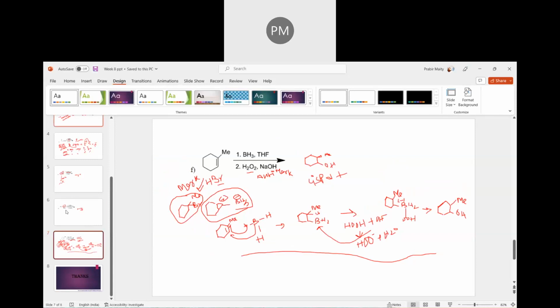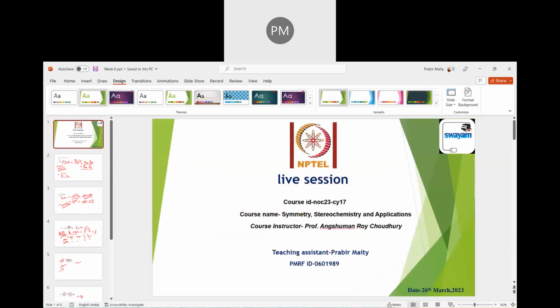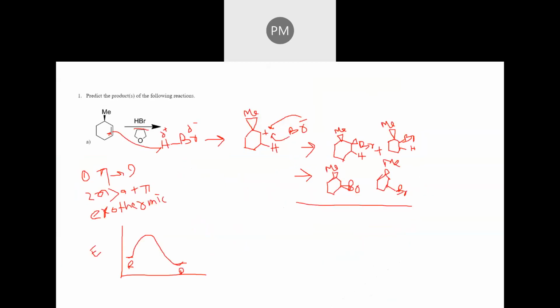So what we have learned today: earlier I told you about the substitution reaction and elimination reaction. Today we are going to addition reaction, addition to the double bond in a carbonyl center or in a C=C bond center.